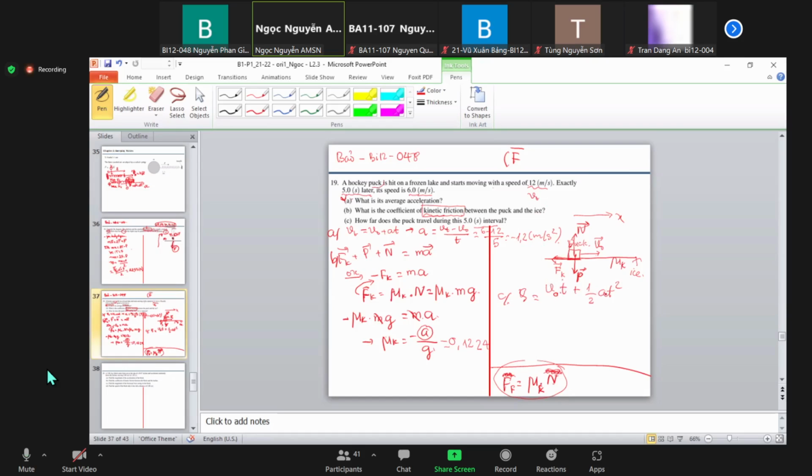You know t, you know a, s, or maybe you can use another equation: Vt square minus V0 square equal to 2AS. Some way for you to do it. 45 meters is good. You can use whichever way you want. Any question about this?